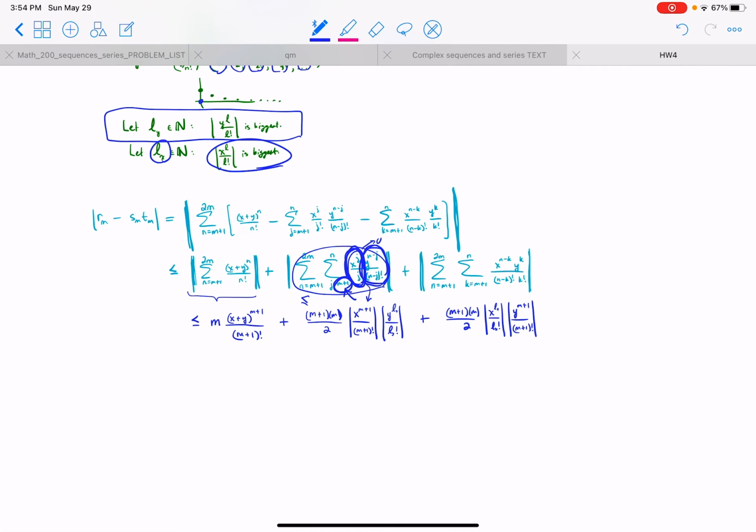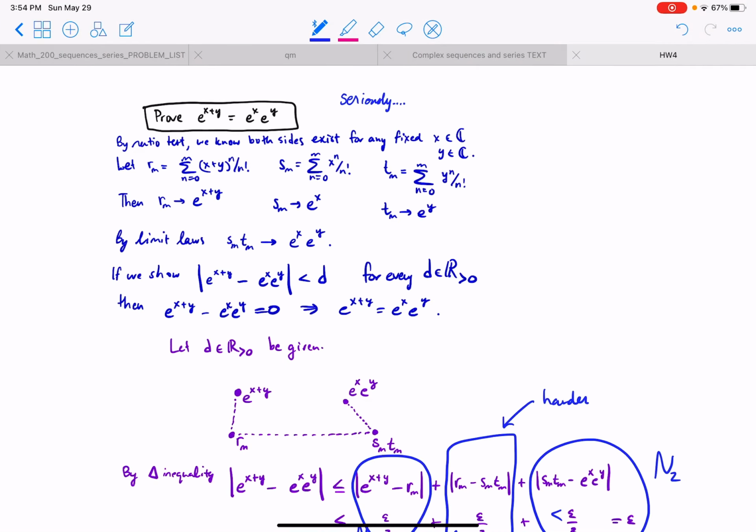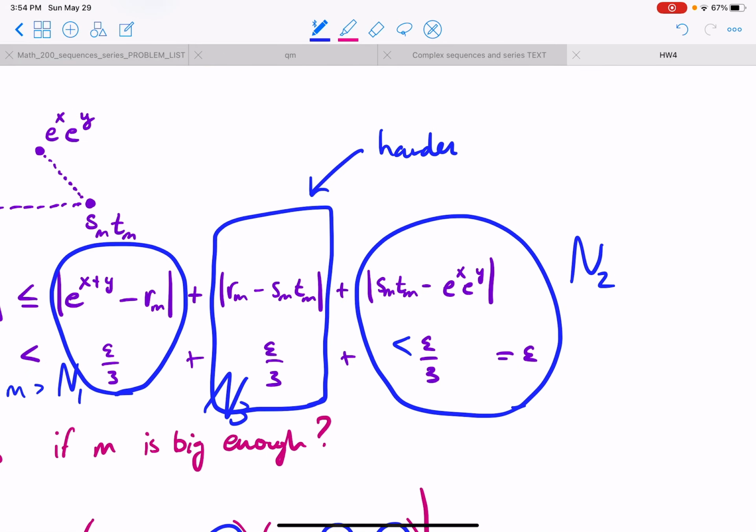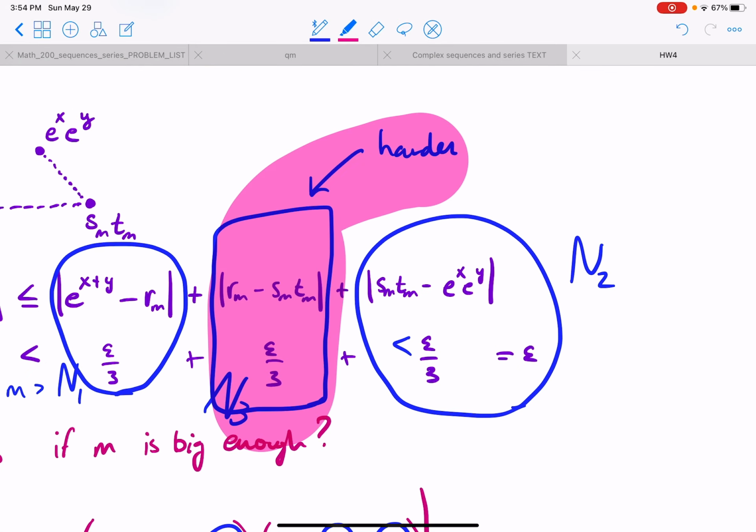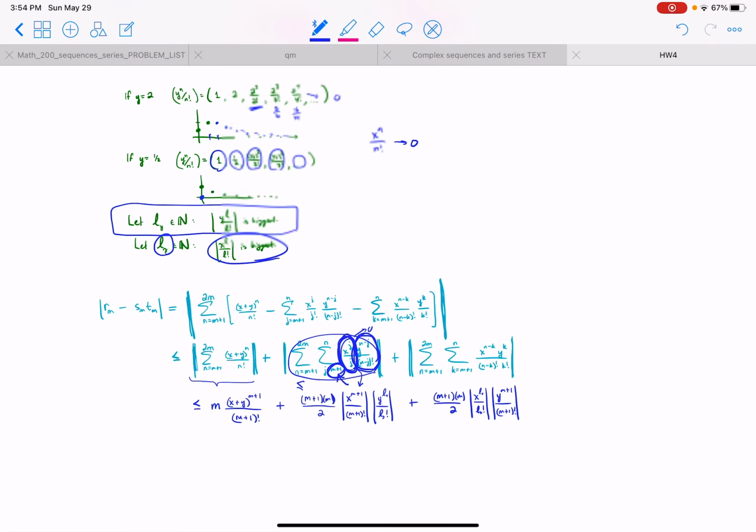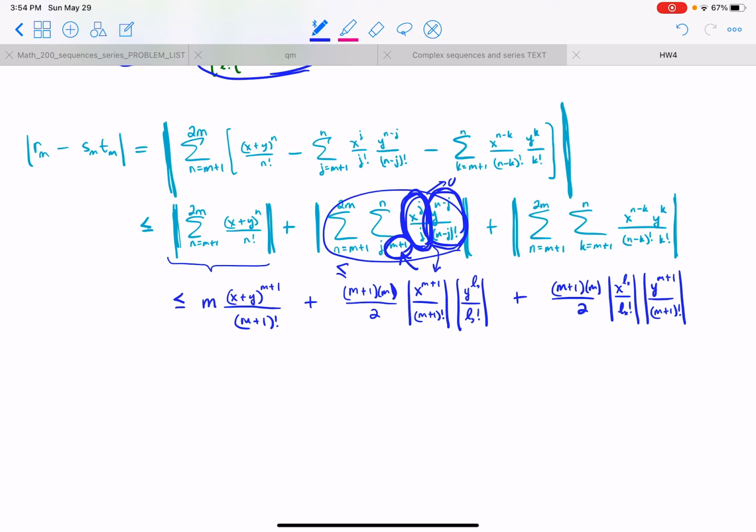So now we have, finally, almost there. We are trying to understand this. Why can this be made less than epsilon over 3? Well, because of this argument right here. So choose n4, such that going past n4 implies that this thing is smaller than, let's say, okay, hold on.